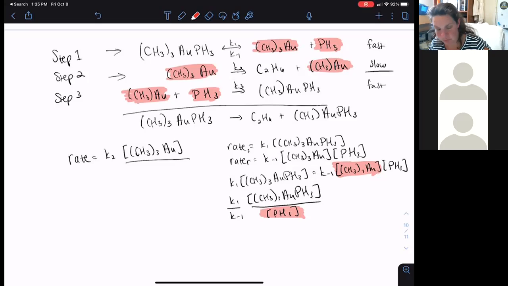I was saying, I don't think you can really rewrite this. Okay, well, they left the PH3 in there, even though it's an intermediate. I guess PH3 is a compound you can actually get.